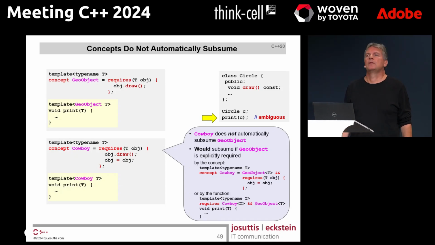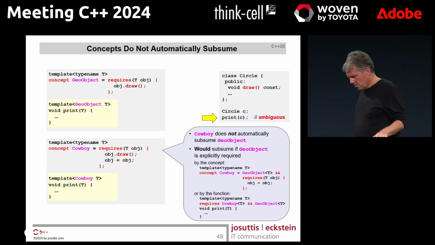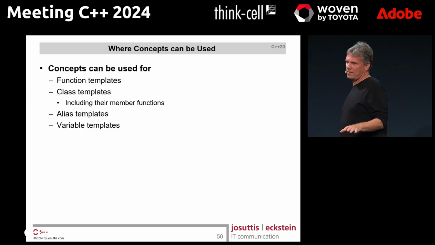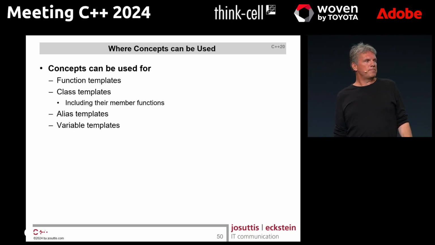Good. That's the basics. And the only question left is, where can you use concepts? Well, concepts can be used wherever you have generic code. Generic code using template parameters or auto.